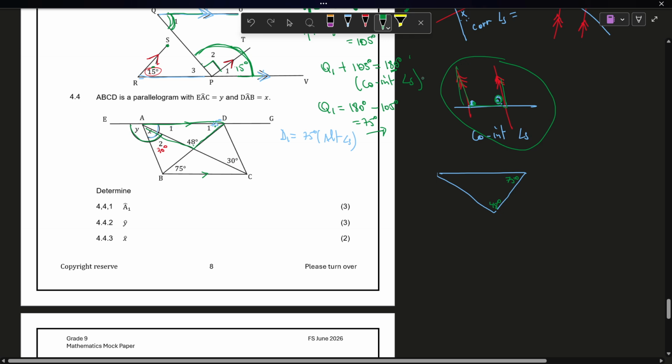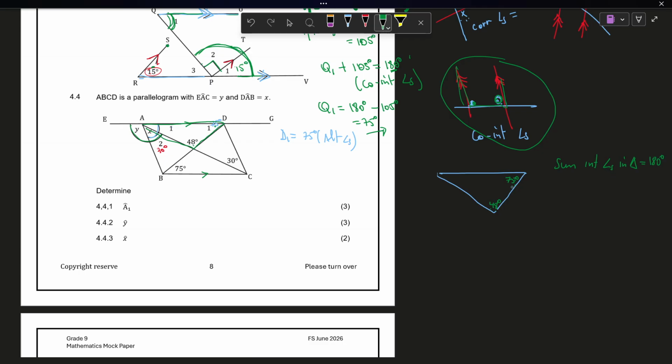And that's very interesting. Knowing these two interior angles, what can they give us as information? We know that the sum of interior angles in a triangle equals what? 180 degrees, right?